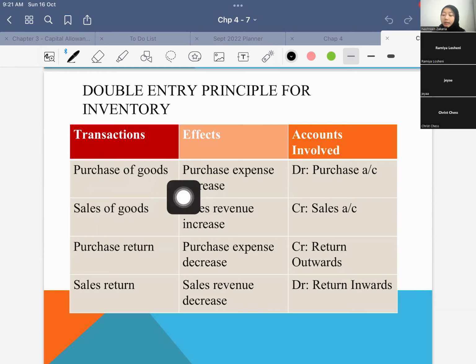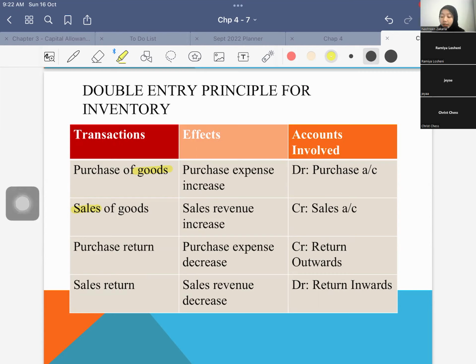When you do some sales of good, okay, you sold a good, this one will related to your sales account because kita ada keyword dia. Keyword dia is a sales. For purchase of goods, the keyword is goods. Or dah purchase pun kat depan tu kan. So the keyword is purchases account. For the sales of good, we will include or record under sales account.